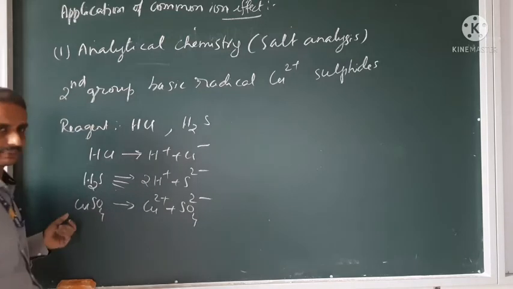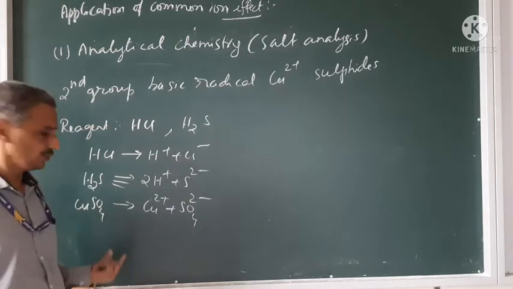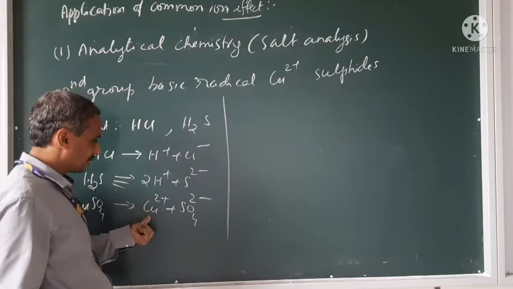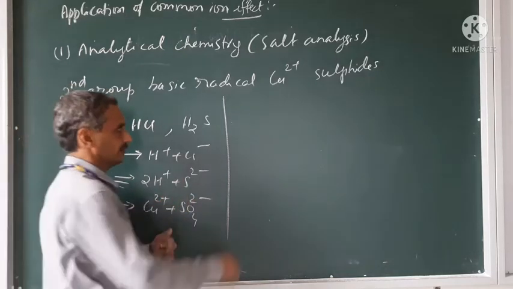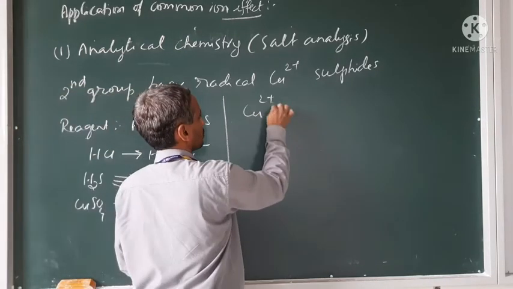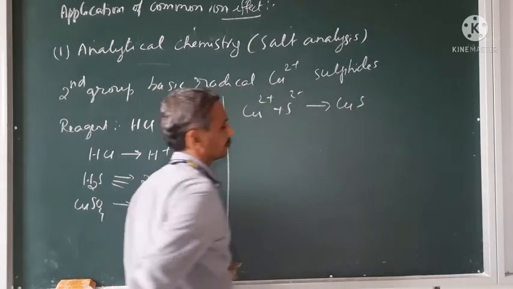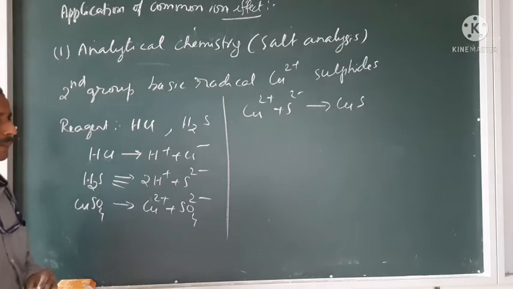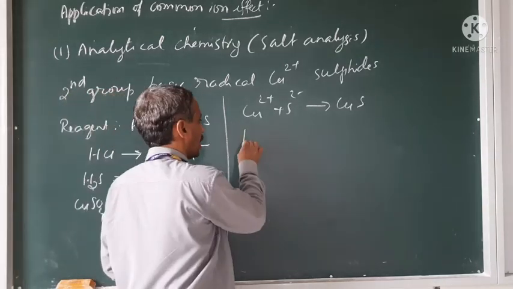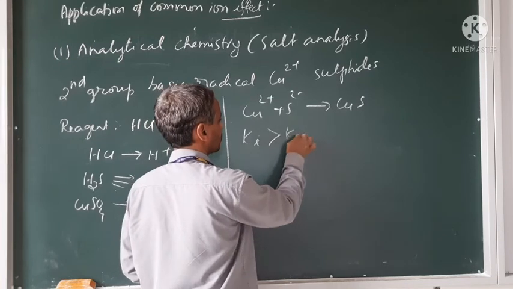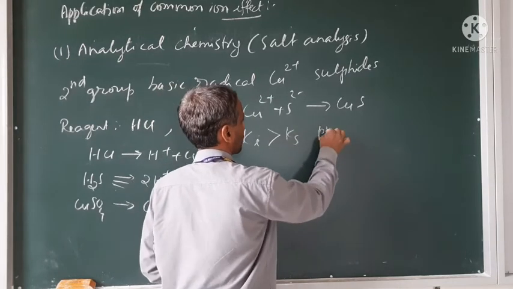Now, this Cu2+ reacts with the sulfide ion, Cu2+ and S2- gives CuS. And remember, the ionic product should cross the Ks for precipitation.